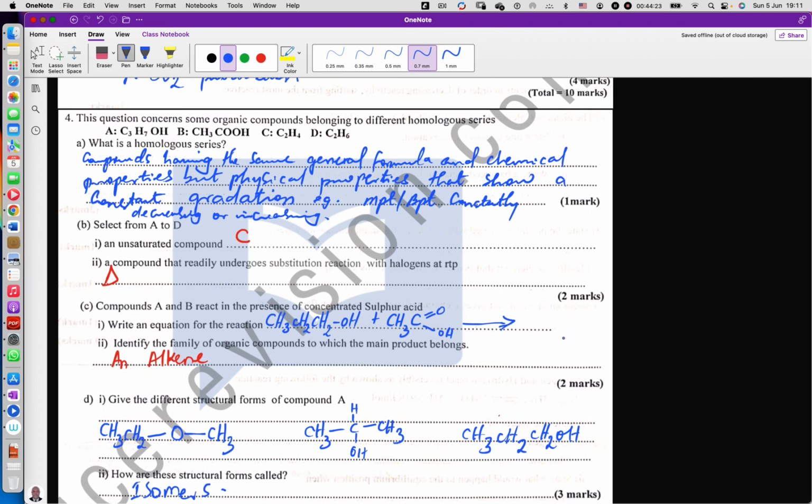That will be esterification. Sulfuric acid will do that.